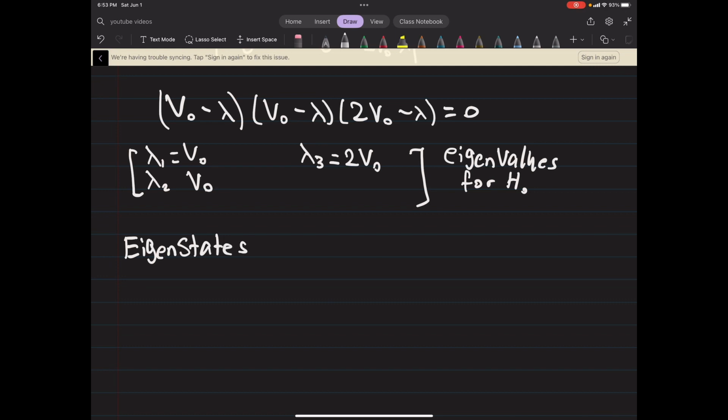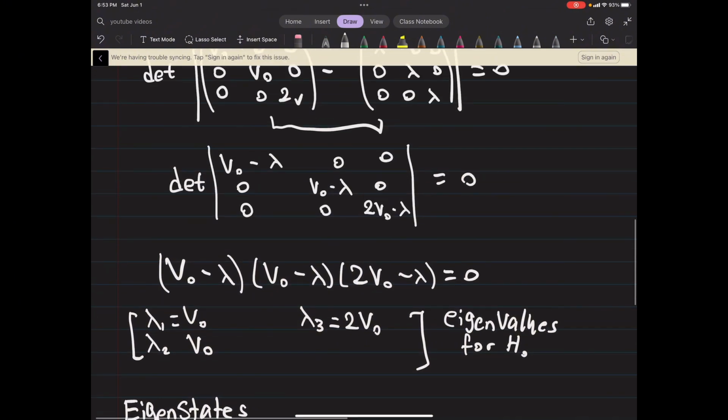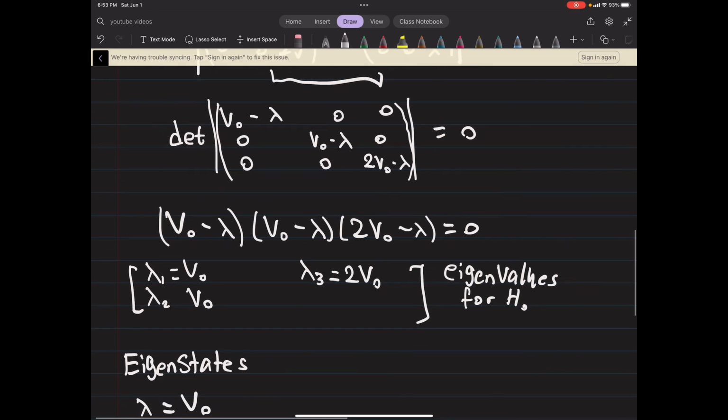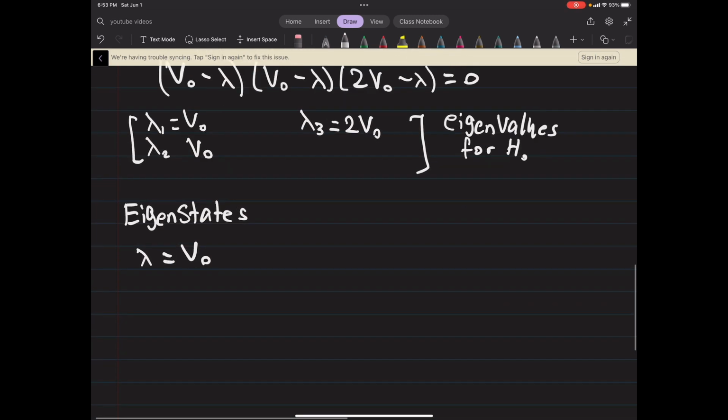So we'll start with lambda equals V naught. The way that we solve that is this little matrix here that I just made. We're going to replace lambda with V naught. And what you'll get is zeros everywhere, except in the bottom corner you'll have V naught.